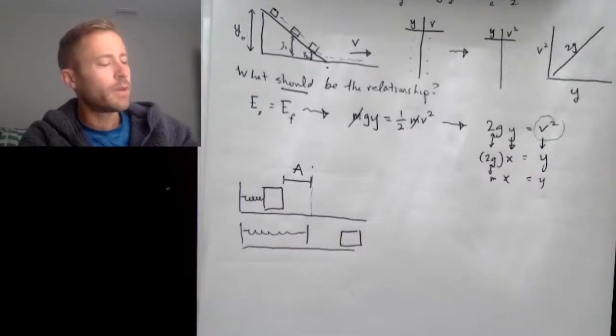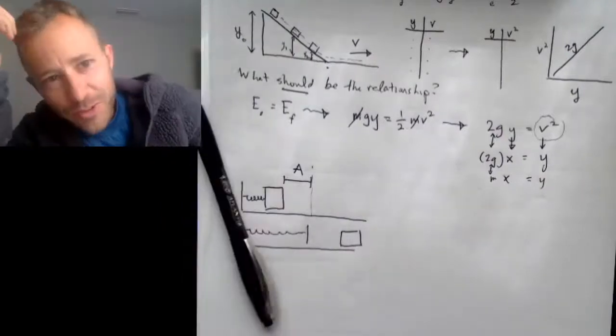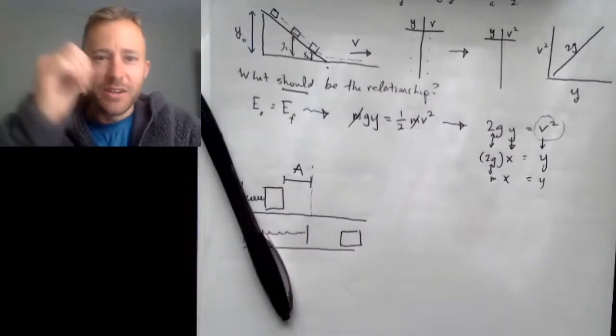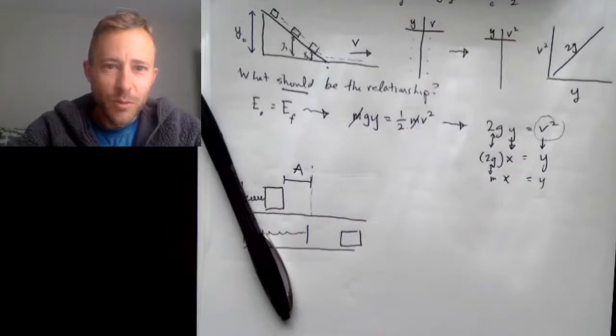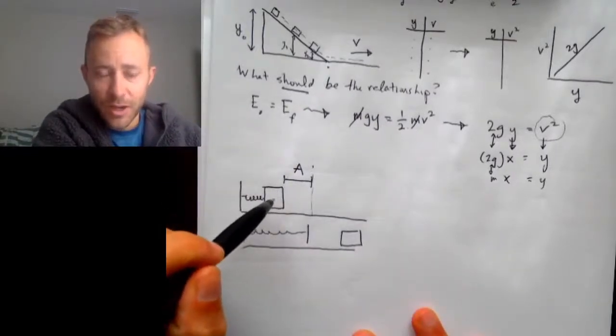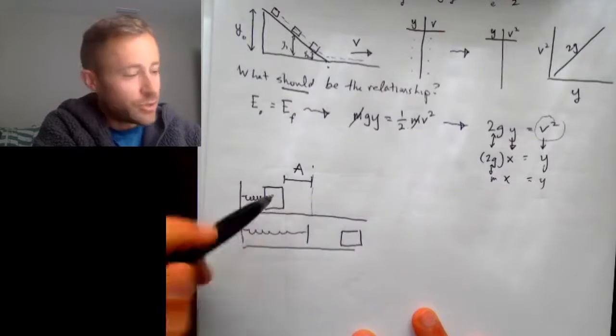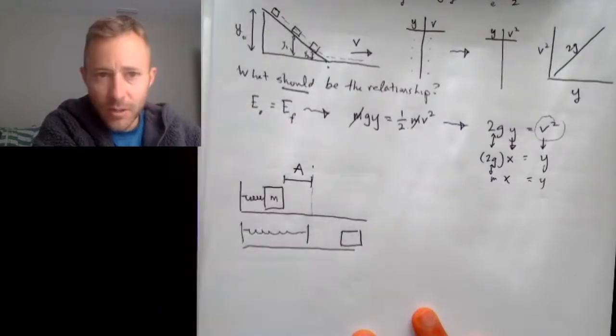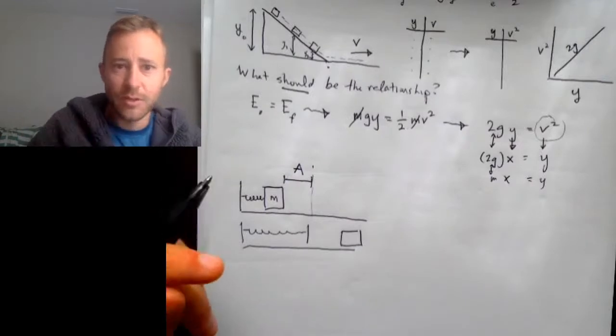And so there's so many different things we could vary here. We could compress the spring the same amount each time, and then change the mass of the object so we could launch different things.